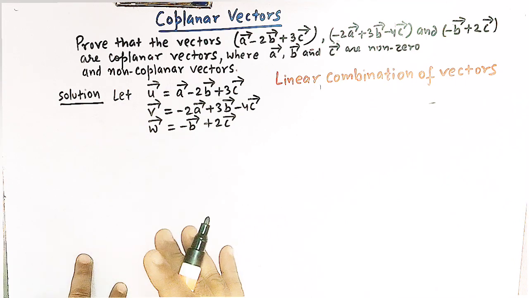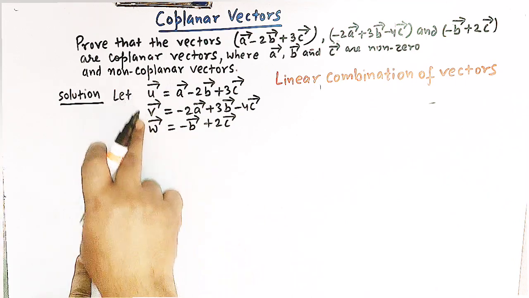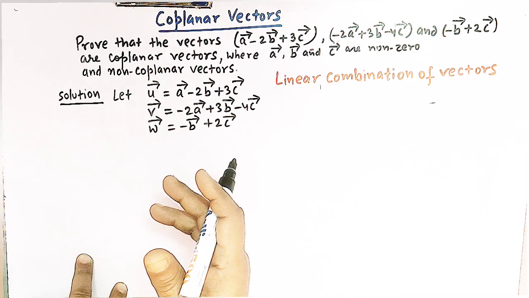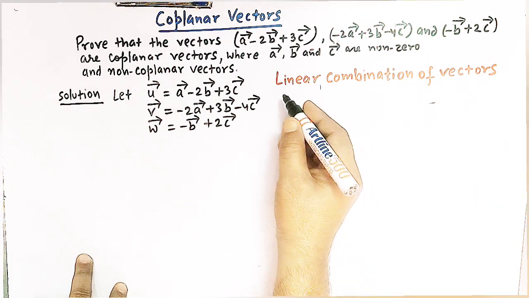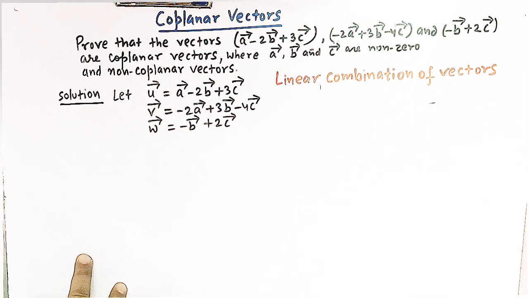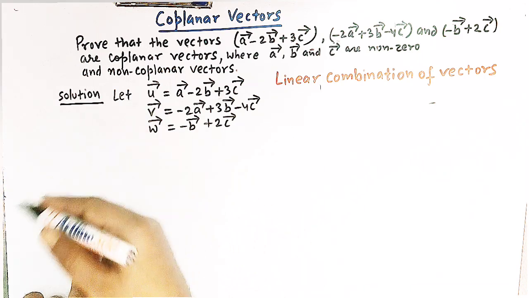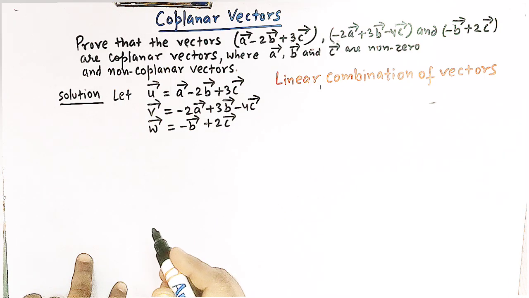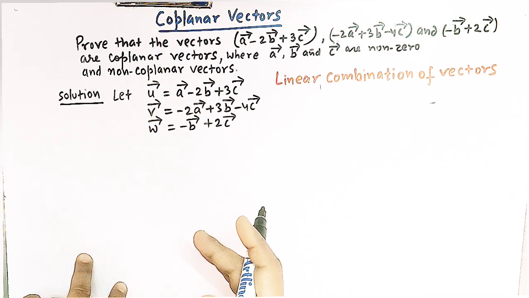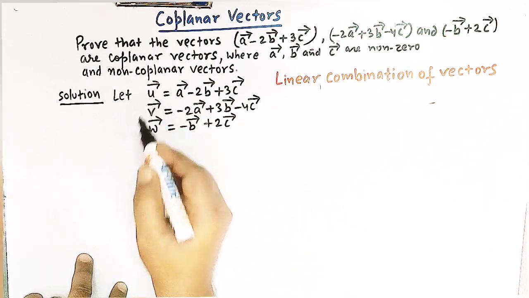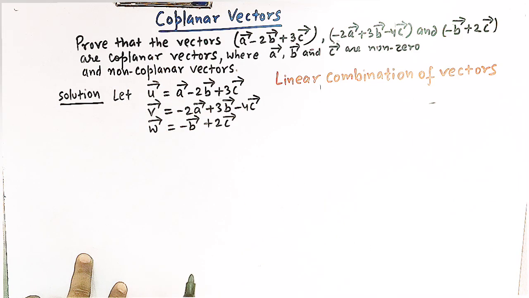In order to prove this, we have to make use of the concept of linear combination of vectors. Three vectors are said to be coplanar if any one of them can be represented as a linear combination of the other two vectors.